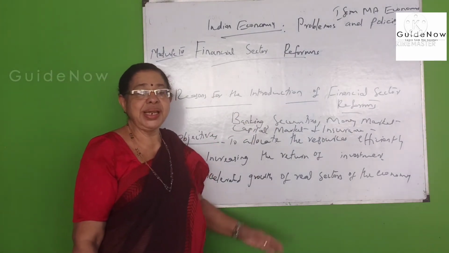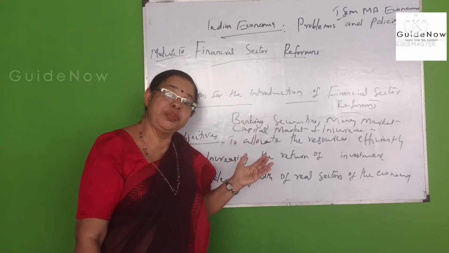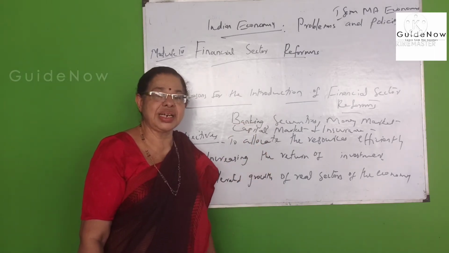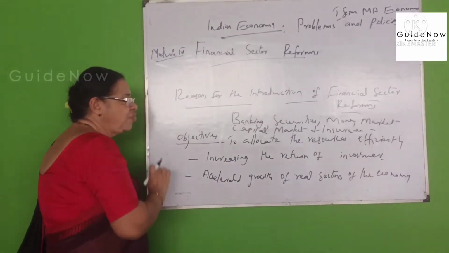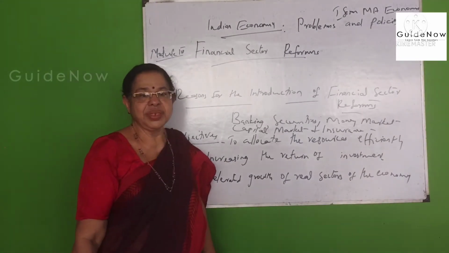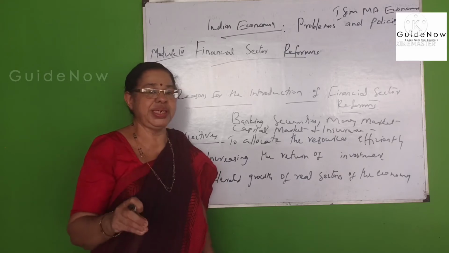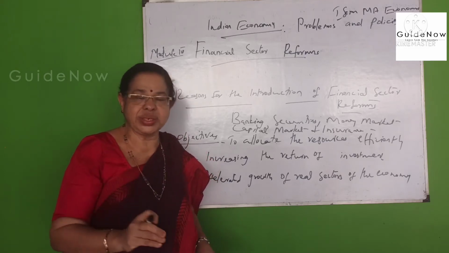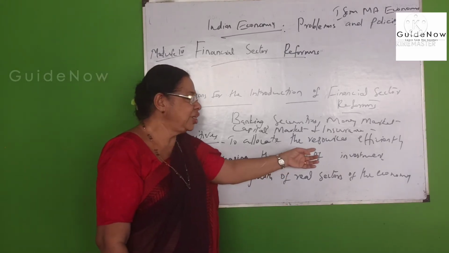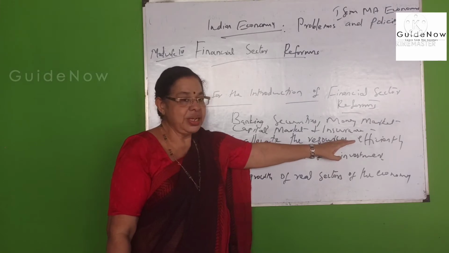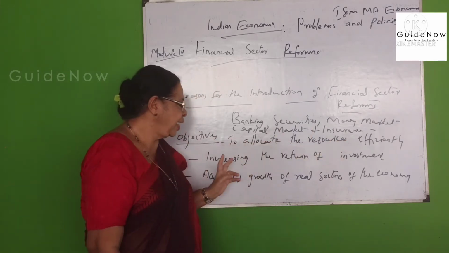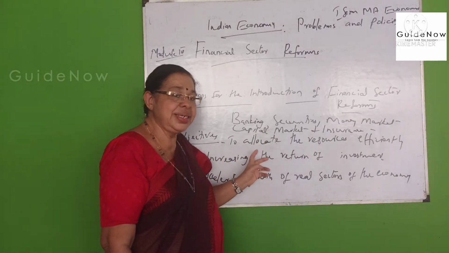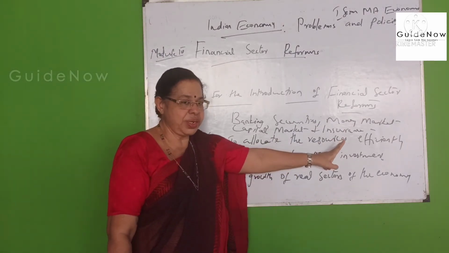Firstly, we explain what the important objectives of financial sector reforms are. The first important objective of financial sector reform is to allocate the resources efficiently. Second is increasing the return on investment.